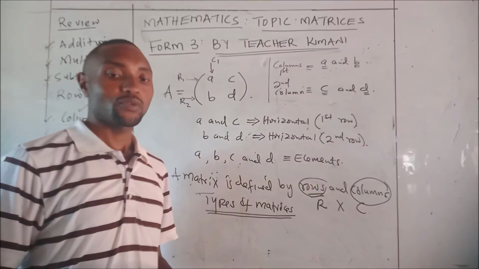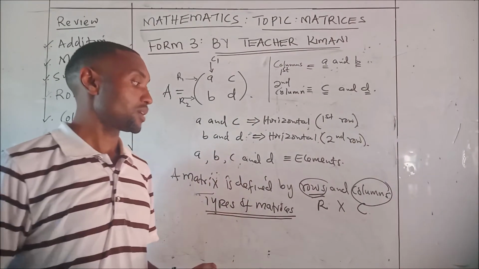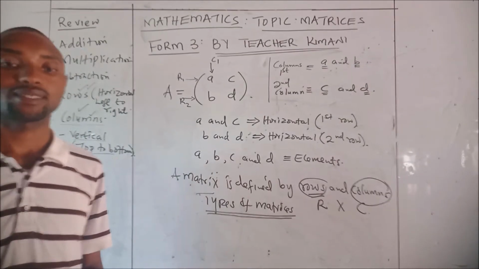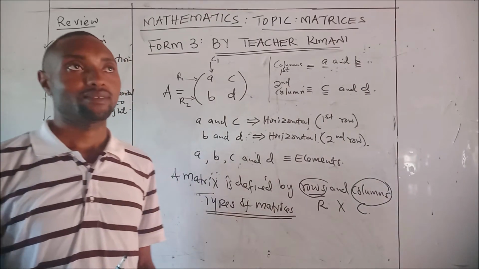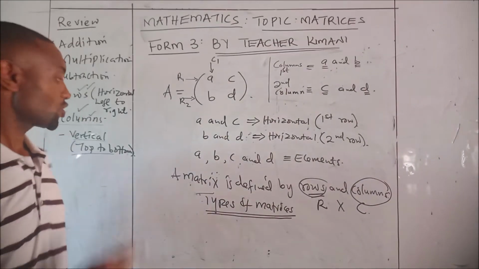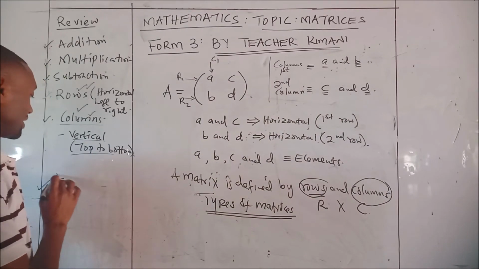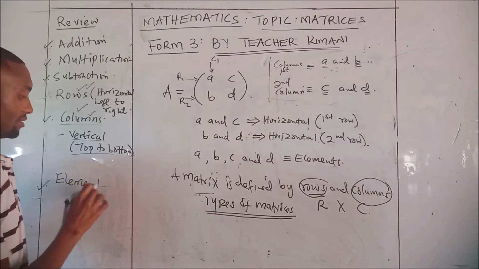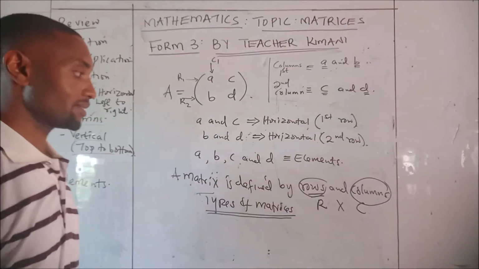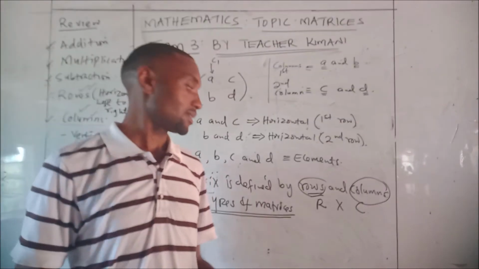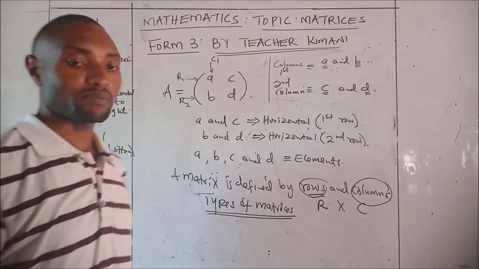The second thing that is going to help us understand the types of matrices is the elements in the matrix. So we have also to look at the elements of a matrix. That is very key when we are determining the types of matrices.